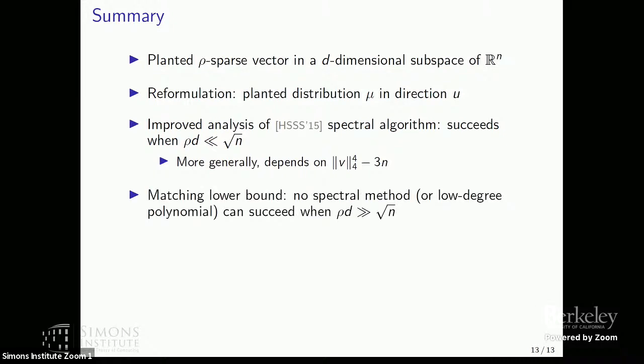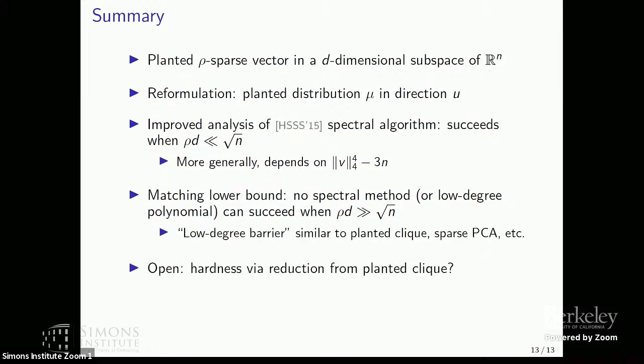And then we have this matching lower bound saying no spectral method can do better, and so on. One open problem here, which I stole from Guy actually, is whether we can do reductions in this setting. Thanks, that's all.